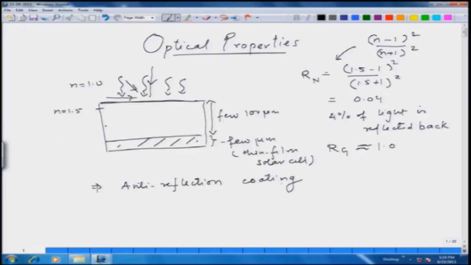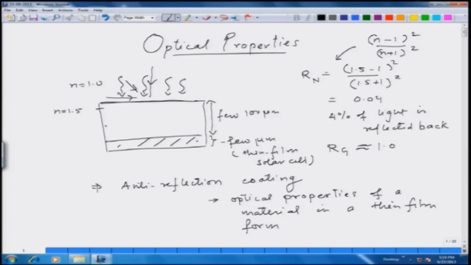So, in order to understand anti-reflection coating, we need to understand how the material behaves, or what the optical properties of a material are, when it is in thin film form. So, this is what we are going to discuss today.